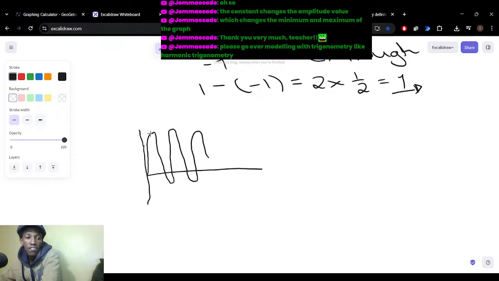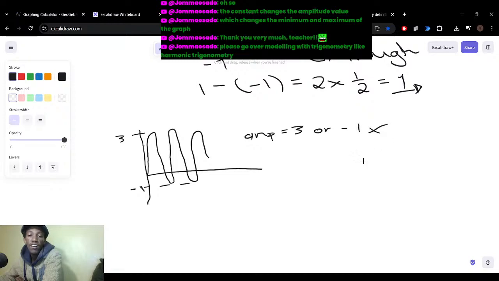And here, let's say this is 3, and here this point is -1. One might say that the amplitude of this function is 3 or -1. This is entirely wrong. This is not the amplitude of this periodic function.